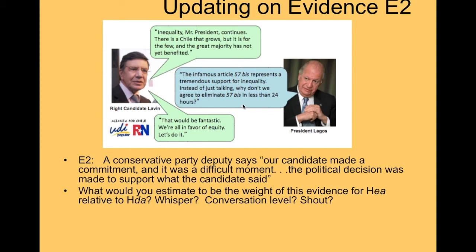Instead of just talking about inequality, why don't we agree right here on stage to eliminate this in less than 24 hours? And the opposition party candidate says, that would be fantastic. We're all in favor of equity. Let's do it, right?